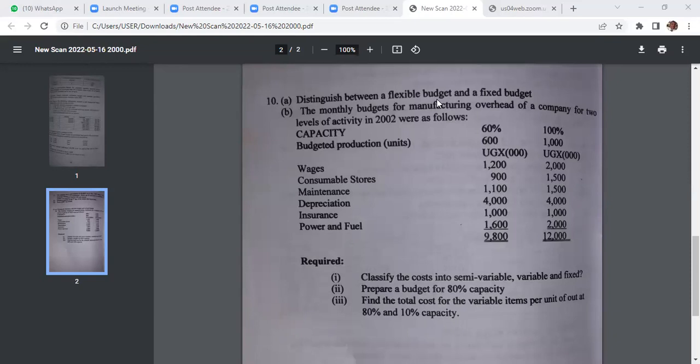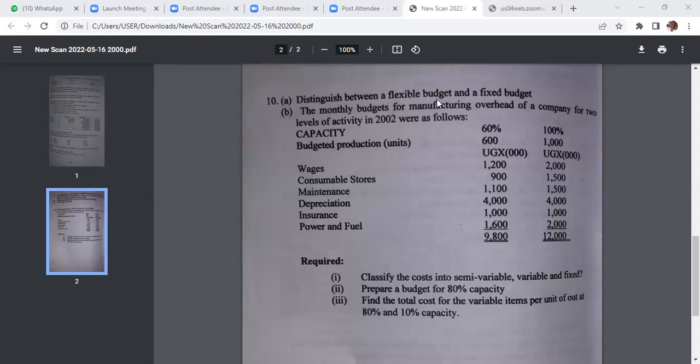We're saying that the fixed budget is one which is prepared based on a projection or an expectation to meet a certain level of activity or demand. That is a fixed budget. Whereas a flexible budget depends on a fixed budget for the costing of the units produced.